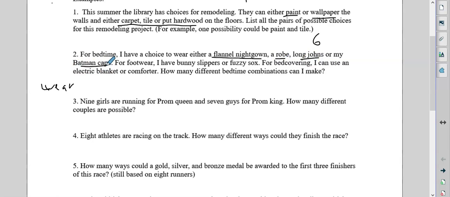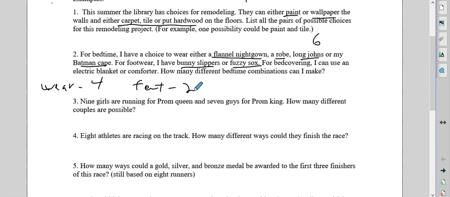So in other words, I have a choice of 4 different outfits. This is just a different way to organize it. You do whatever's comfortable for you. For footwear, I have bunny slippers or fuzzy socks. Which means I have 2 choices of footwear.